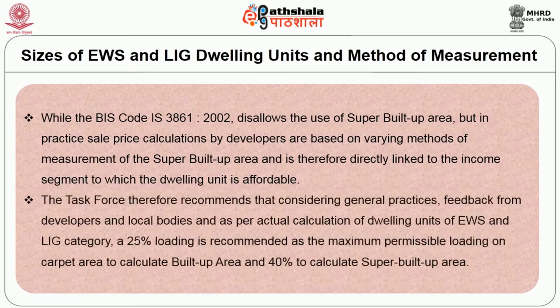The task force therefore recommends that, considering general practice, feedback from developers and local bodies, and actual calculation of dwelling units of EWS and LIG category, a 25% loading is recommended as the maximum permissible loading on carpet area to calculate built up area and 40% to calculate super built up area.